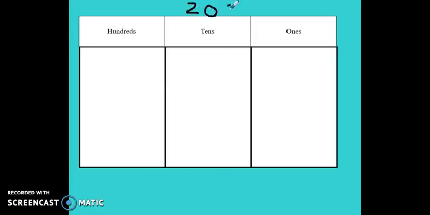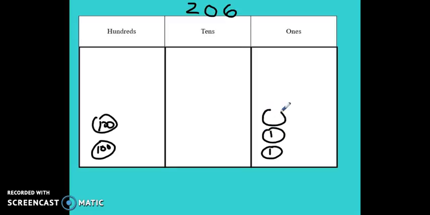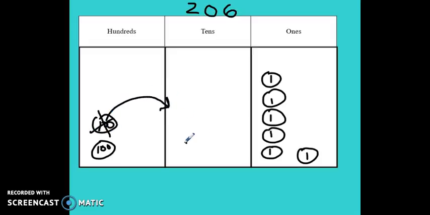So let's say we have the number 206. So I'm going to draw 206. 200, 201, 202, 203, 204, 205, 206. And now I'm going to take 10. I want 10 less than 206. So I look at my tens place. I don't have a 10 to take away. So I'm going to take 100 and break it up into tens.